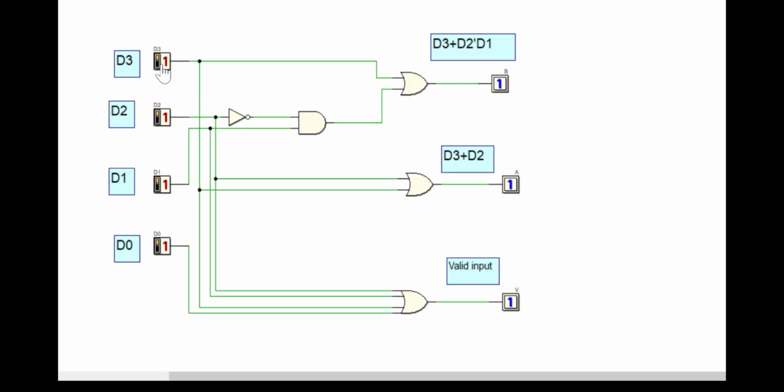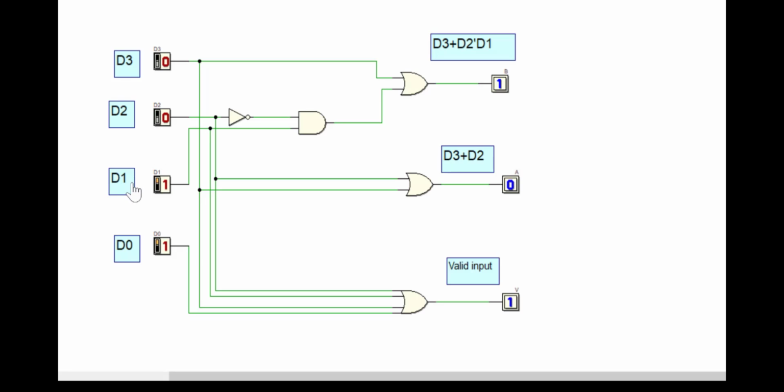Suppose if I make D3 0, now the next priority goes to D2. That means D2 will have the highest priority. In this case, even though D1 and D0 are activated, you can still see 1 0 on the output side, because your D2 has a higher priority. If I switch off D2 also, now D1 will have the higher priority.